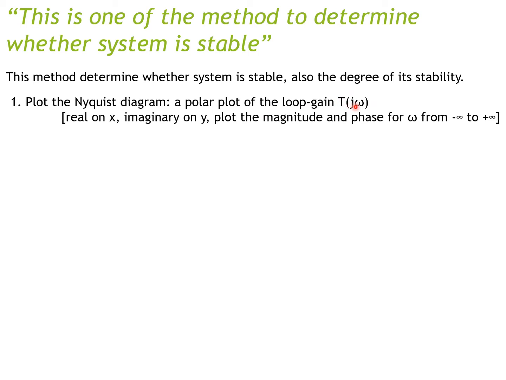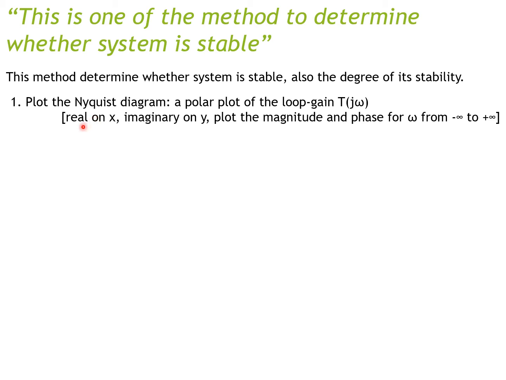Okay, loop gain is once again beta multiplied by the open loop gain, or A. So if A, the open loop gain, is a frequency dependent function, then the loop gain is also a frequency dependent function. Also, because it's a complex function, you have j here, you will have a real and imaginary component.